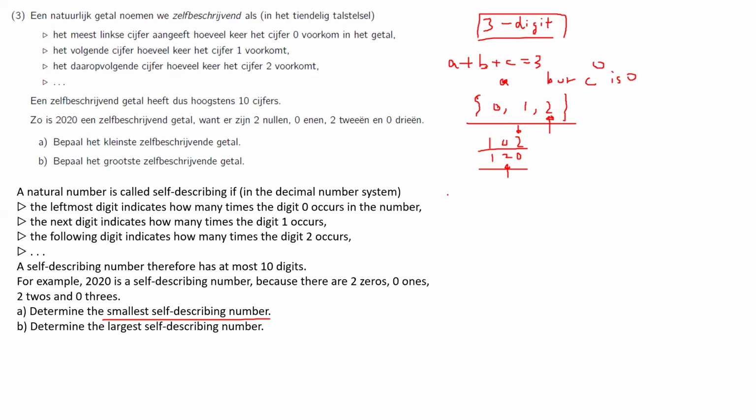So that means at least we'll have 4-digit numbers as the smallest one of the self-describing numbers. Very similar. We have A plus B plus C plus D equals 4, and one of the BCD equals 0.